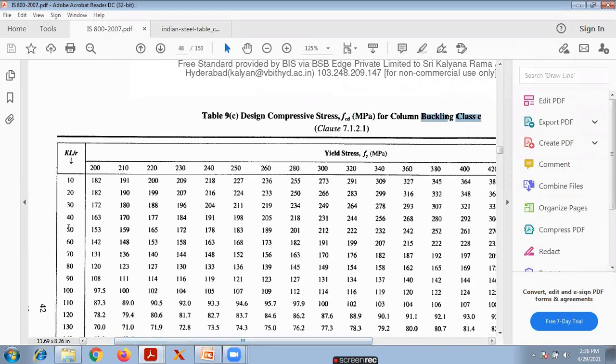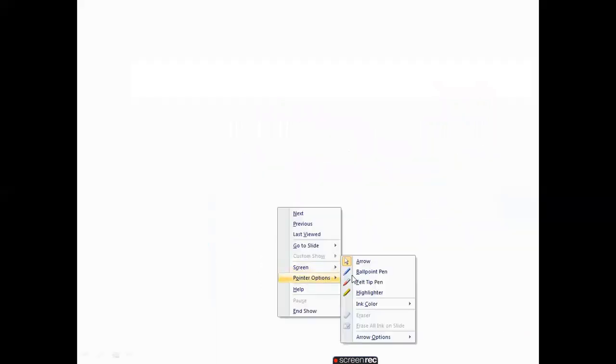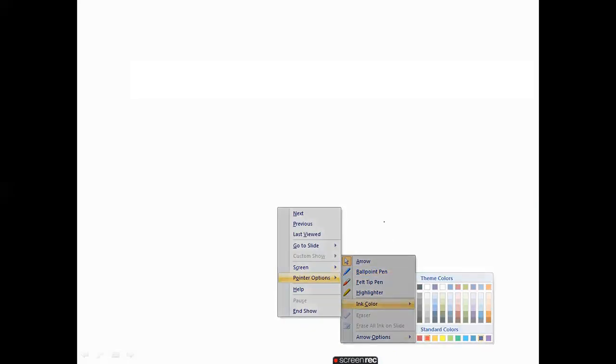Now we got KL by R value of 51.6. So for 50 under the 250 fy, it is nothing but 183. So 50 to 60, our values are 183, 168. I will write here for your better understanding. We have to do the interpolation here.